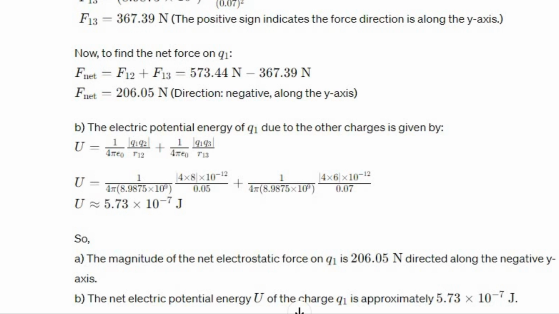So the magnitude of the net electric force on Q1 is 206.05 Newton directed along the negative y-axis. The net electric potential energy U of the charge Q1 is equal to 7.73 multiplied by 10 raised to power minus 7 joule.